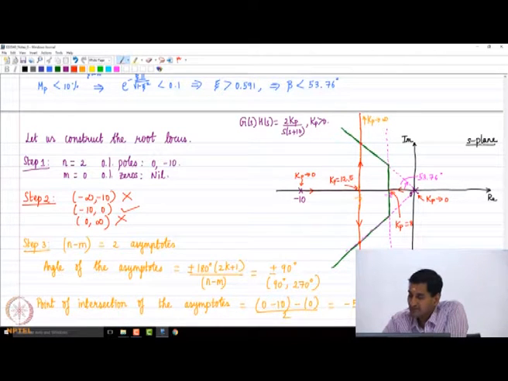So how do I calculate this point? I can use the angle. Can you tell me what the coordinate is? Of course, the real part is minus 5. What is going to be the imaginary part?